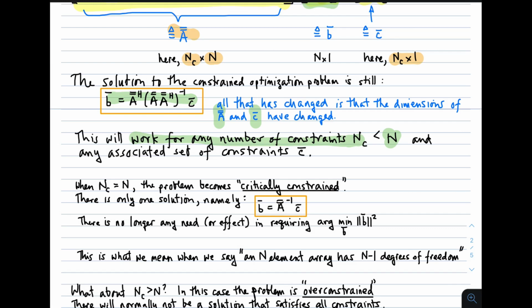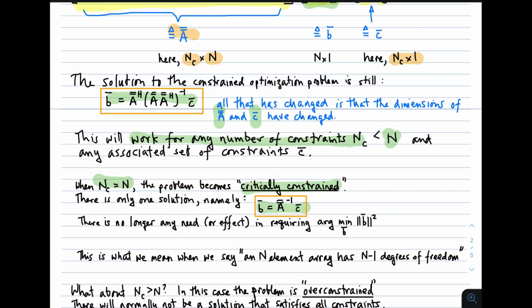So you might ask, what happens when the number of constraints becomes equal to the number of elements? In fact, you might sense that there could be some trouble in this case. Well, this case is not under-constrained, it is now critically constrained. And in this case, we have n equations and n unknowns, so the simplest linear algebra gives us the solution.